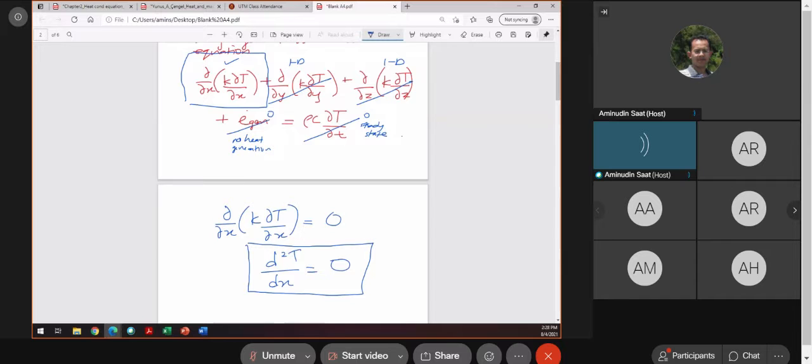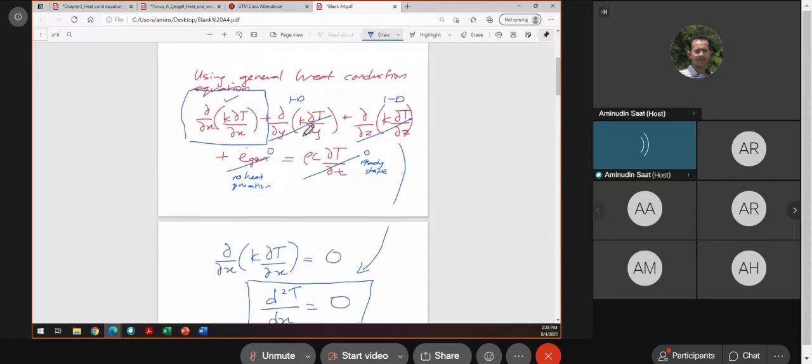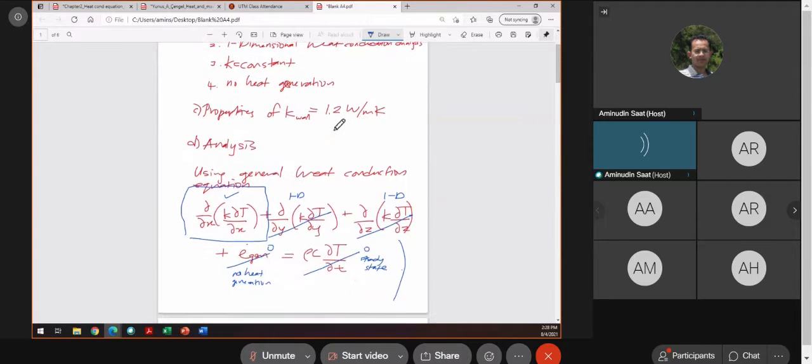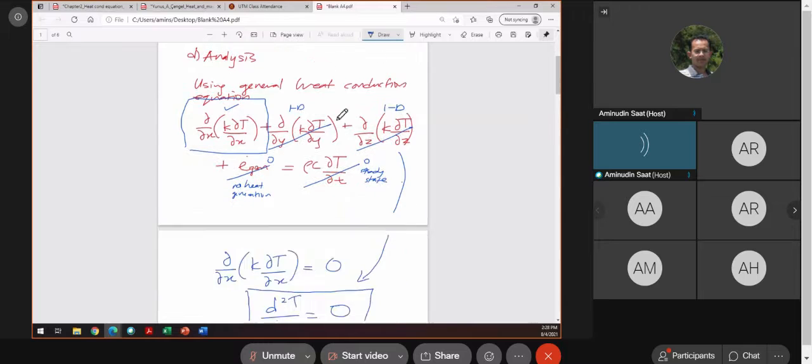So from here to here is basically depending on your assumption, and where you get this assumption is from the problem's explanation, or the problem description.